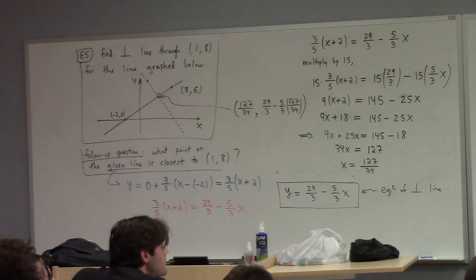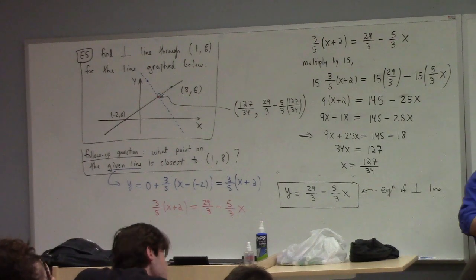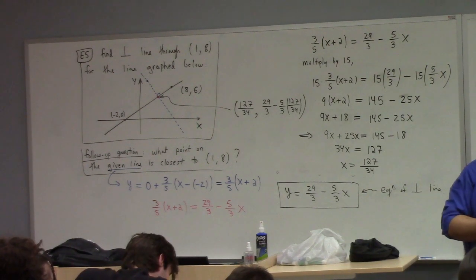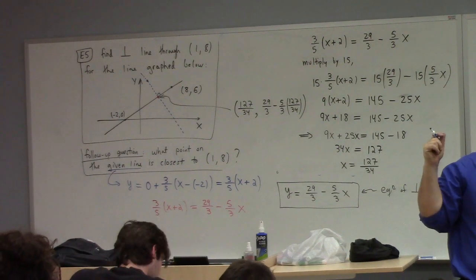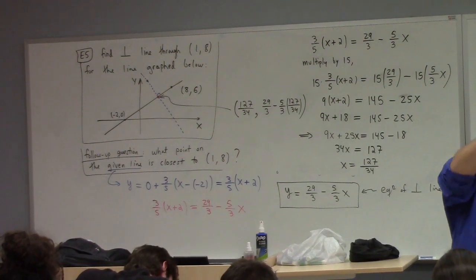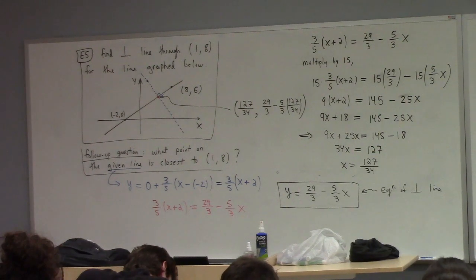I'll allow it. Why not? You could do that, and then we could add the equations, right? So her approach, which is a good approach, is just to manhandle the equations and make them match up. Multiply one by the right number, the other by the right number, so that they have a term which matches up, so that when you add them, they cancel. Perfectly legitimate way to do this.